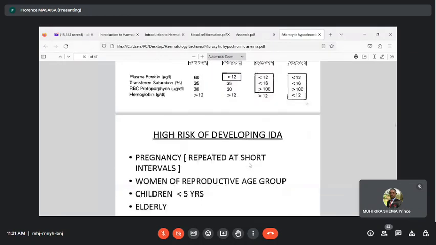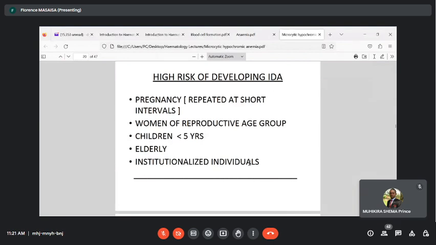Who has a high risk of developing iron deficiency? Women with repeated pregnancies in short intervals. Why pregnancy? Because in pregnancy there is increased demand for iron. When you don't get enough supplement, you may have a high risk of developing iron deficiency. That's why in pregnancy, they systematically give iron supplement to each pregnant woman.